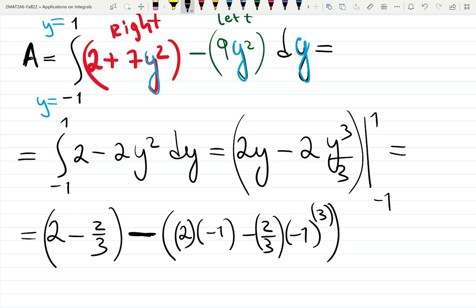That is definitely overdoing it, but at least you will not make a mistake on a test. I can see you don't put enough parentheses, and that screws up some negative signs. -1 cubed is -1. Minus and minus gives you plus. You better have positive area. If it's not positive, you messed up. Go back and check everything.